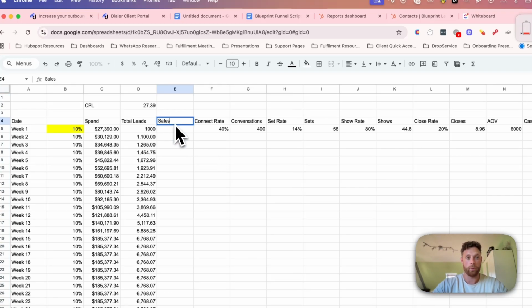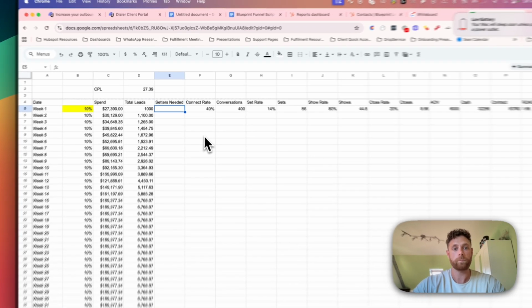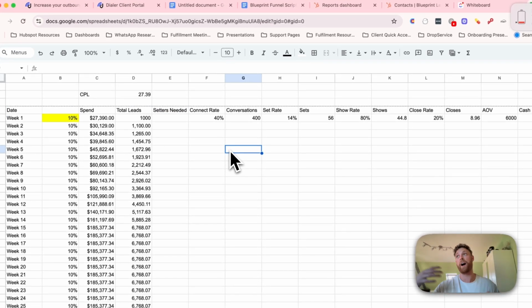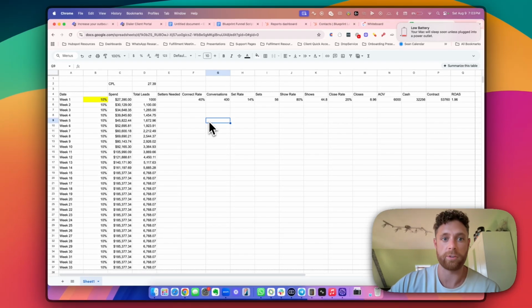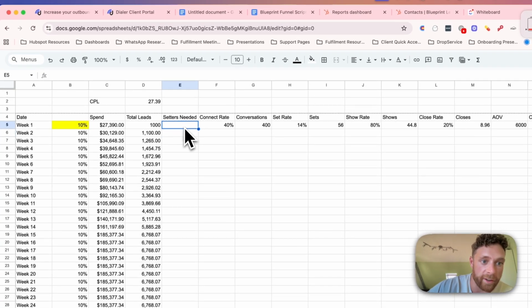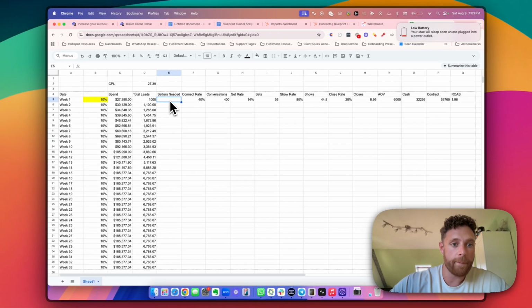And then we can add something here as well. How many sales reps do we need? So setters needed. Because we want to keep that unique dial rate as low as possible, and speed to lead as efficient as possible, et cetera. So how many setters did we need at the 1,000? Let's say, and this is per week, there's 1,000 new leads per week.